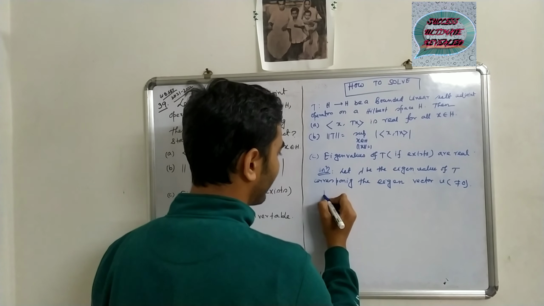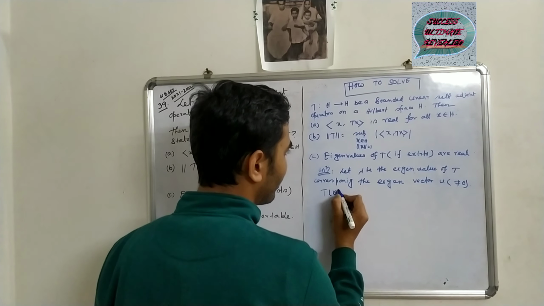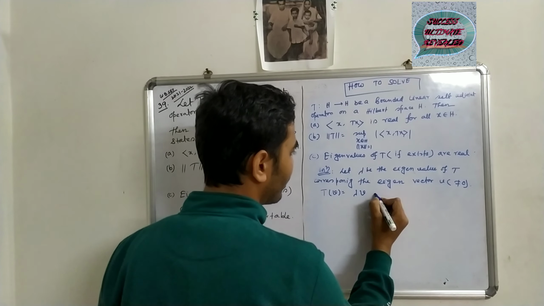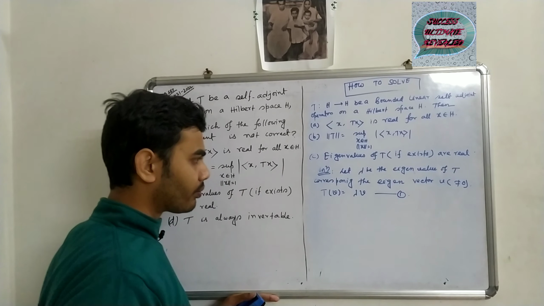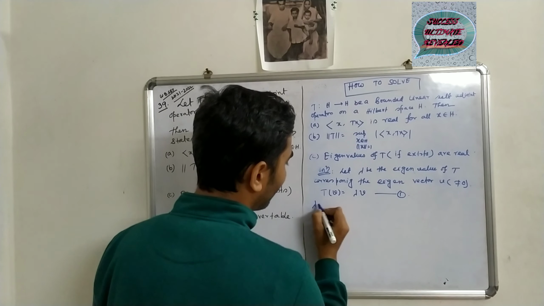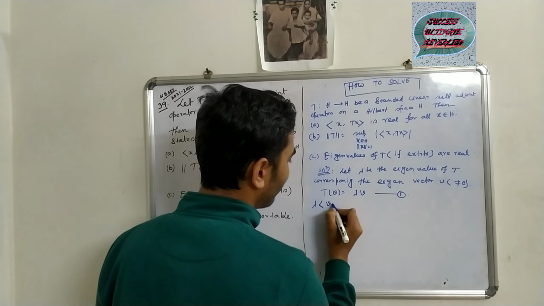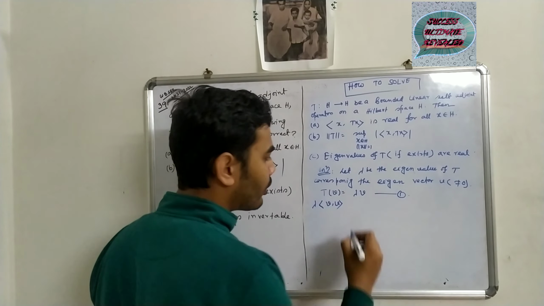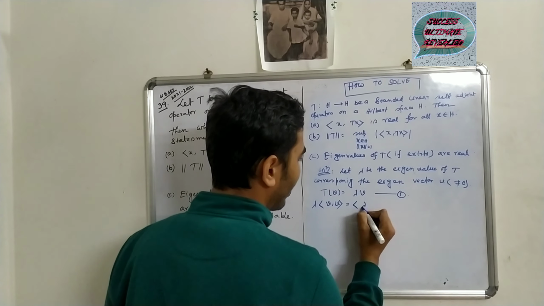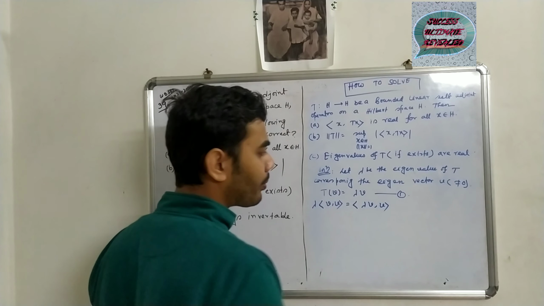So ultimately you get T of V equal to lambda V. Got it? Now lambda times the inner product of V and V is equal to the inner product of lambda V and V.